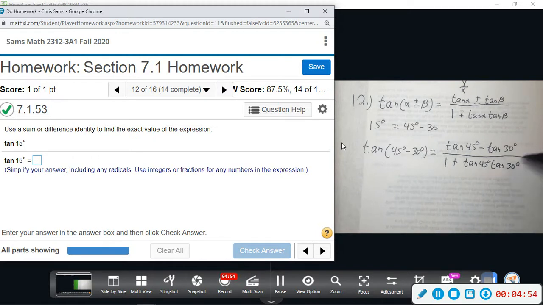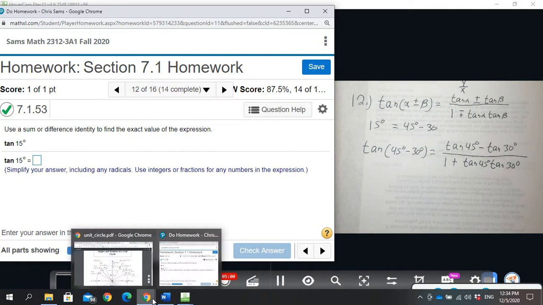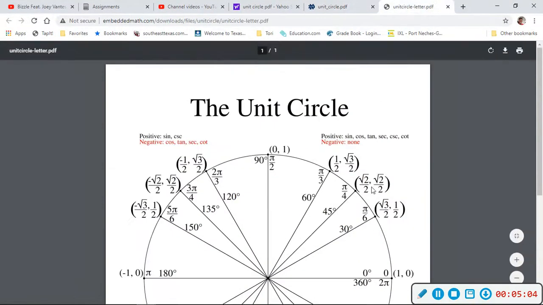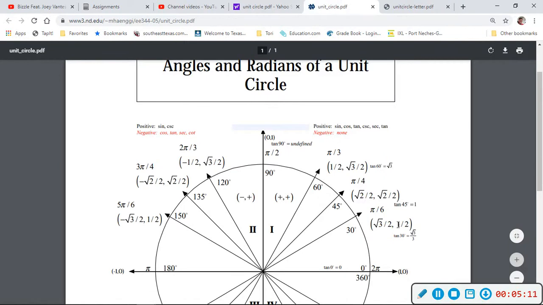Alright, so we're going to go to the unit circle and find these values. Again, there are a lot of them, and I've always defaulted to this one, but with experience you have to figure out what tangent is. This one is really nice because it gives you those first values, and these are the different values that you see for tangent. So tangent of 45 is 1, and tangent of 30 is square root of 3 over 3.